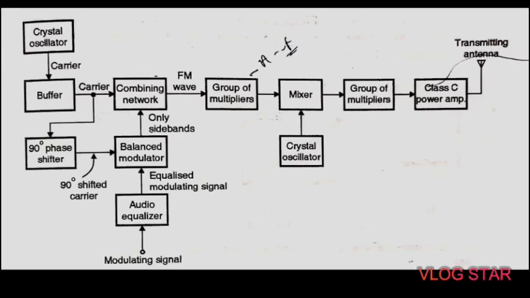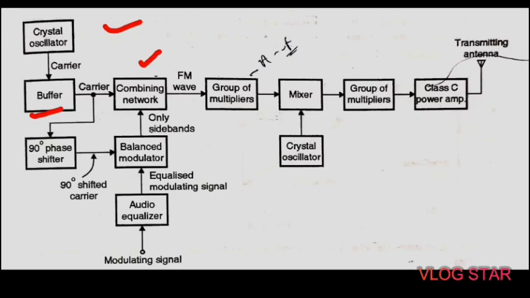So this is the crystal oscillator which is used to produce the carrier at the low frequency. Then this carrier signal is given to the combining network, and it is also given to this 90-degree phase shifter.